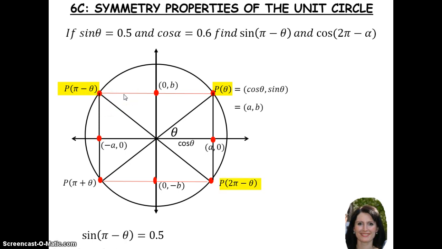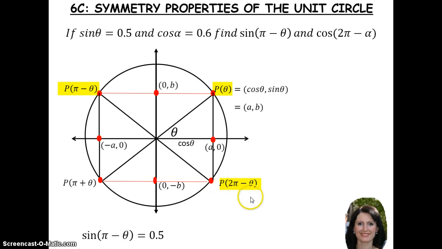What about 2 pi minus alpha? So we know that cos alpha is 0.6. So if we were to put alpha instead of theta there, then cos alpha would be the length of 0.6. Now let's go around to here. So we subtract our angle, we put it there, and we've got this point there.